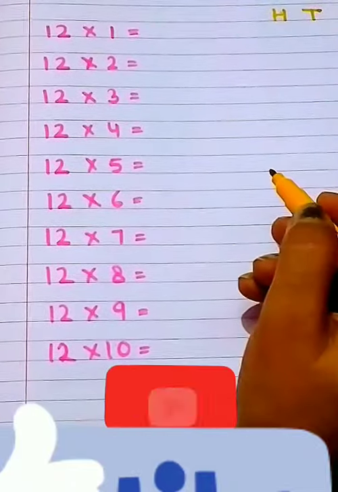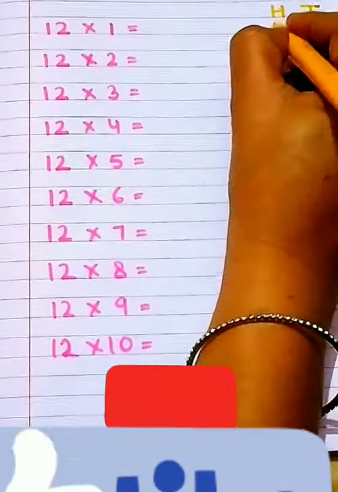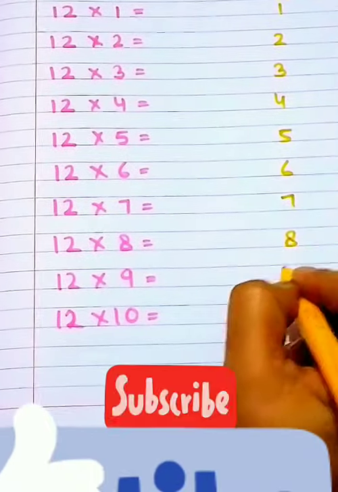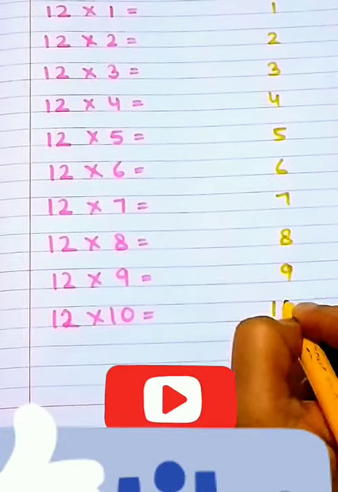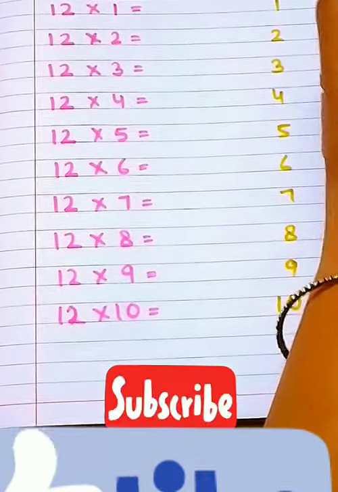Trick to write table of 12. First we will write 1 to 10 counting. Then we will write table of 2.